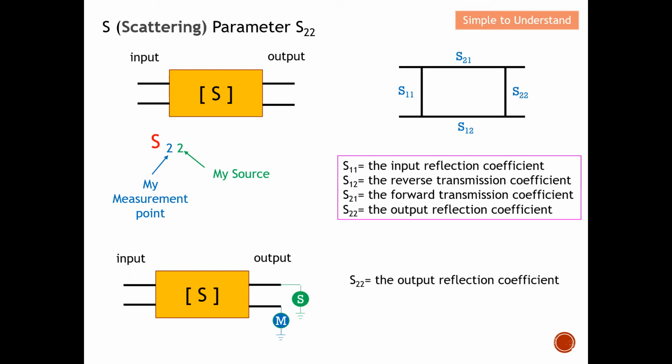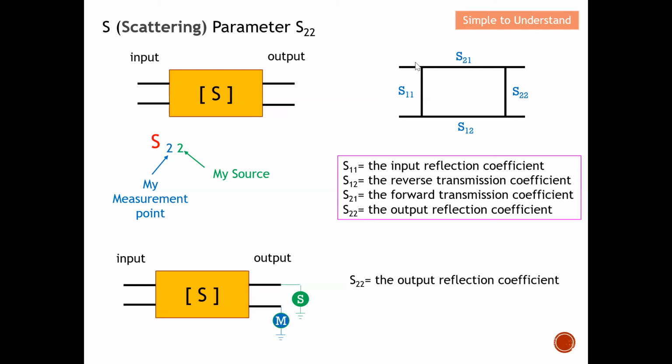As for S12 and S21, it's quite similar. For example, I supply my source over here, and I'm going to see how much power will be able to reach the output. Clear? On the other side also, I supply my voltage over here, and I'm going to see how much power is able to reach port number 1.